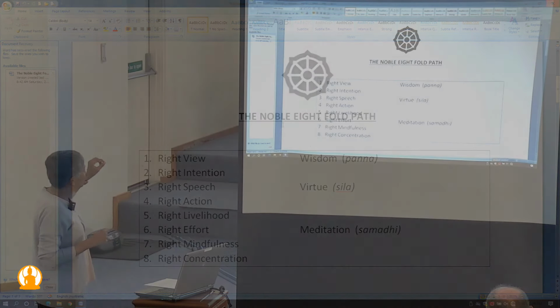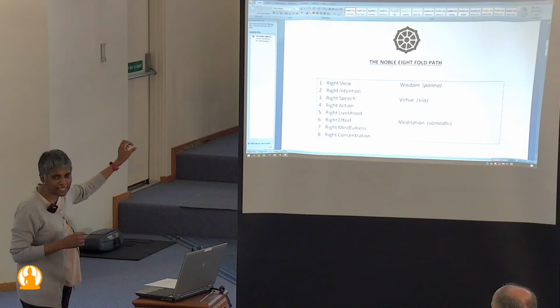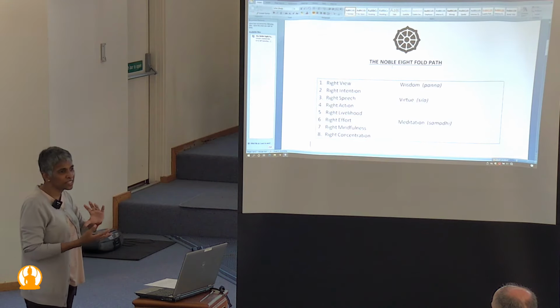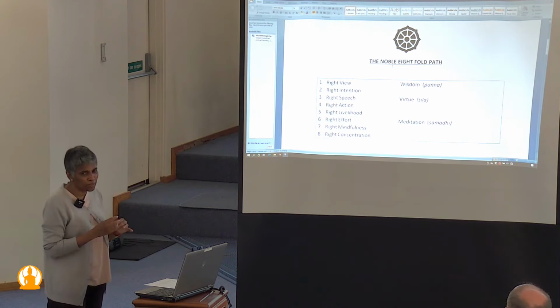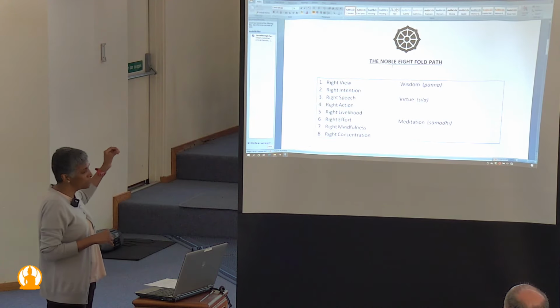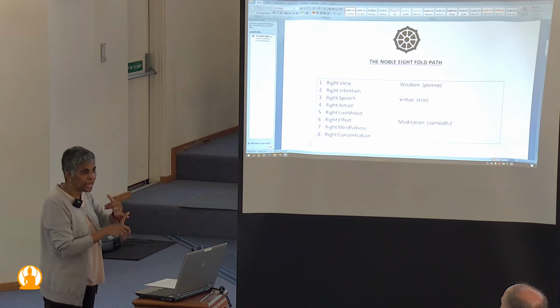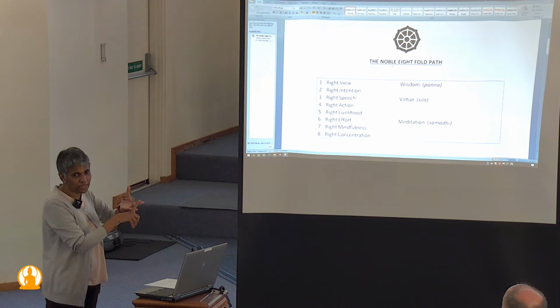Now this, interesting to note, all of them have this prefix, right view, right intention, and so on. This is a translation of the word from Pali, which is samma. And this right has a specific meaning, actually. So right view has within it wholesomeness as well as the direction to liberation.